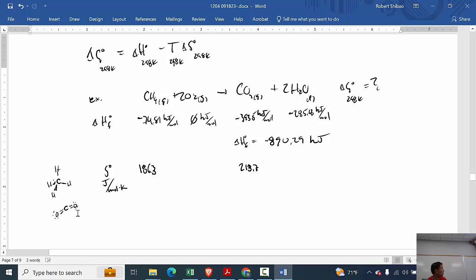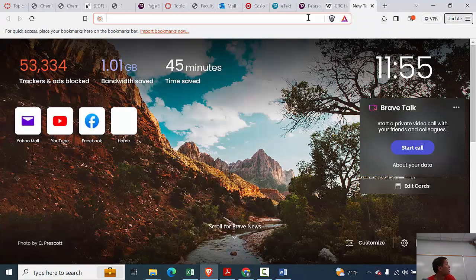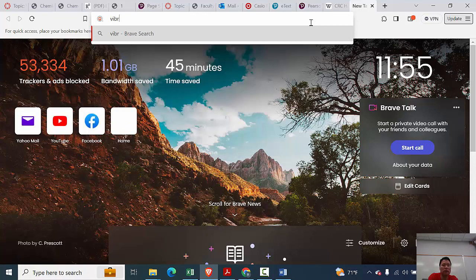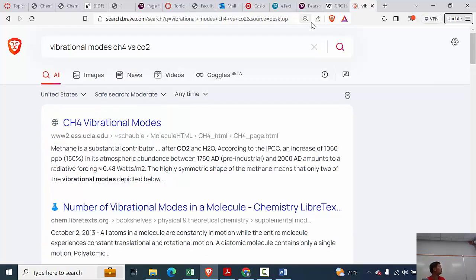But when we look at rotations, we've got vibrations, rotations, and translations. Translations will be the same for both. But let's take a look at vibrations. As you recall, vibrations are quantized as well. These are called vibrational modes, the allowed vibrational energies. Let's take a look at vibrational modes for CH4, maybe versus CO2.